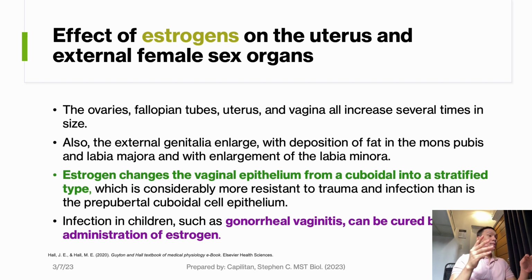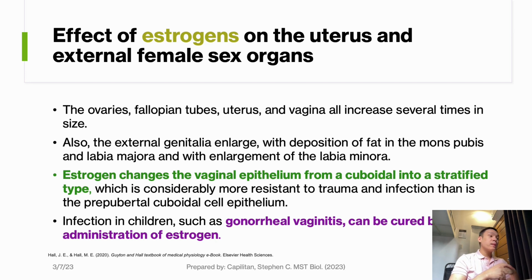The external genitalia enlarge, with deposition of fat in the mons pubis and labia majora, and enlargement of the labia minora, so you will see that the external part of your reproductive organs is puffy. Estrogen changes the vaginal epithelium from cuboidal into a stratified type, which is considerably more resistant to trauma and infection than the prepubertal cuboidal cell epithelium.